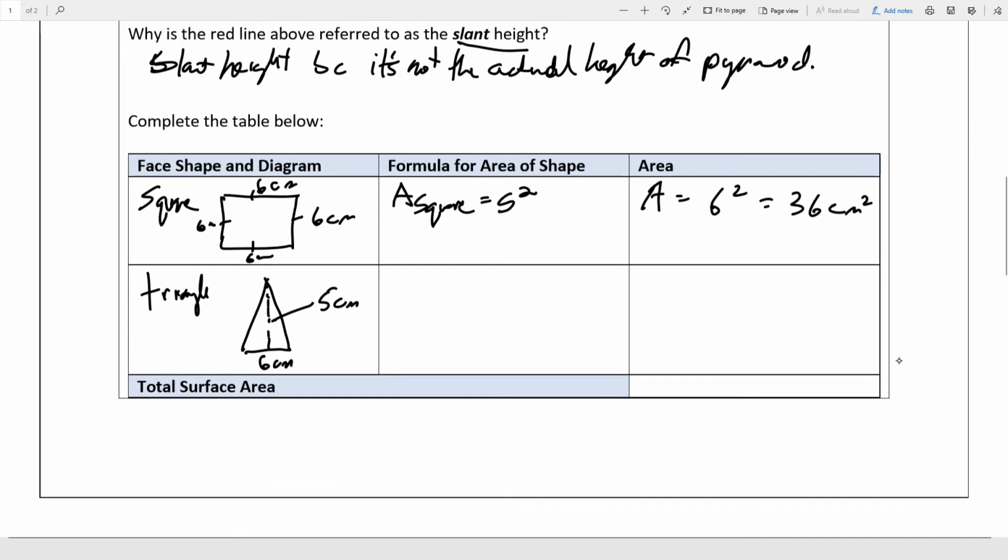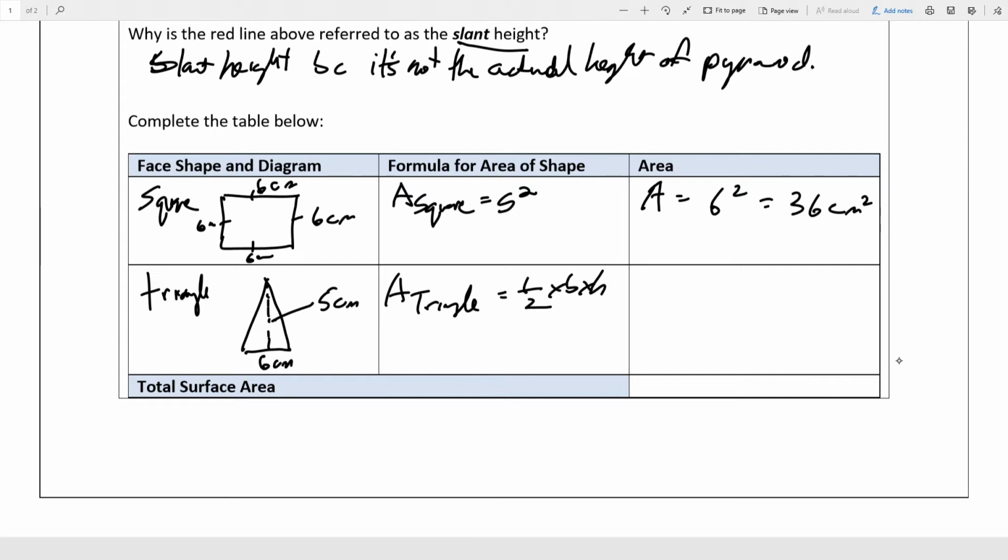Okay, so the area formula for the triangle is half base times height. So that's half times 6 times 5. Oh, I should do that in the third column. So the area of the triangle is equal to half times base, which is 6, times height, which is 5, and that comes out to 15 centimeters squared.